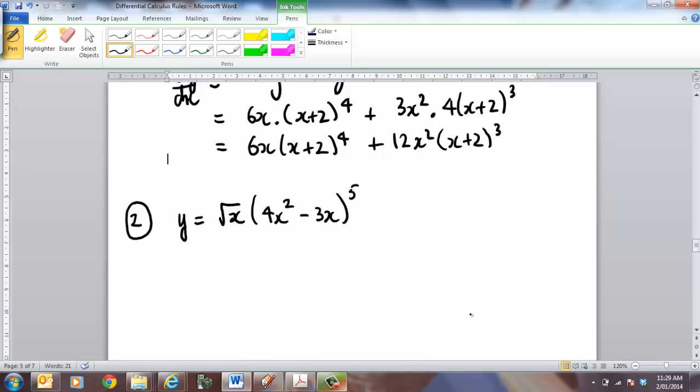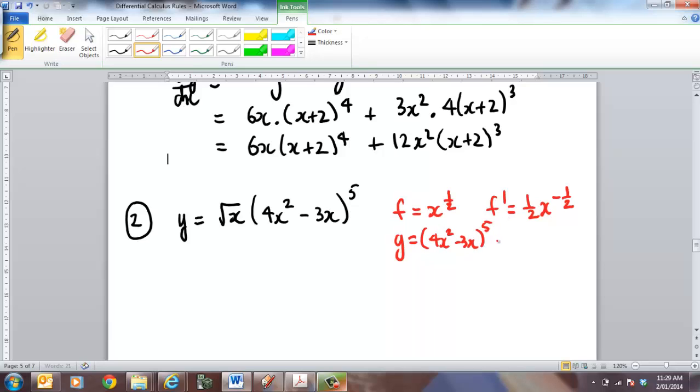Right, so let's do another one very quickly. We're going to say that is going to be our f, so our f function is in fact equal to x to the half, so that means my f dashed is equal to a half x to the minus a half. My g function is equal to (4x squared take 3x) to the power of 5.